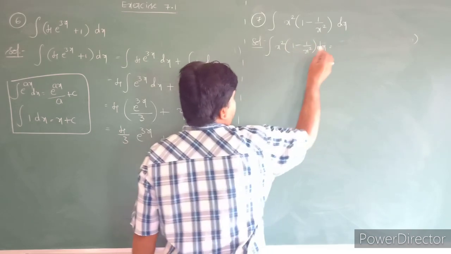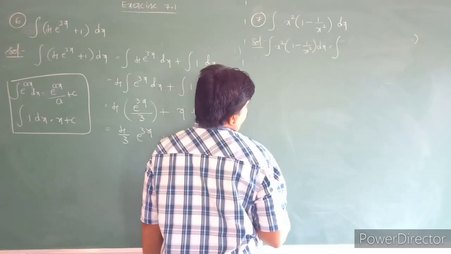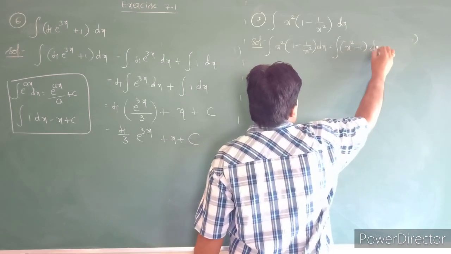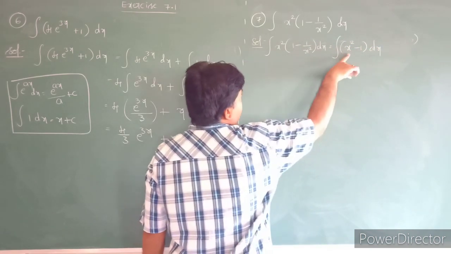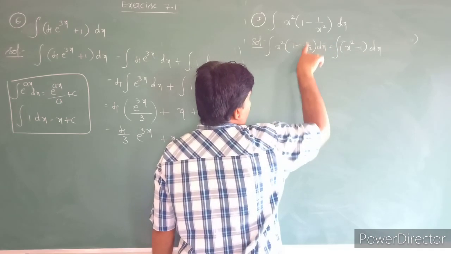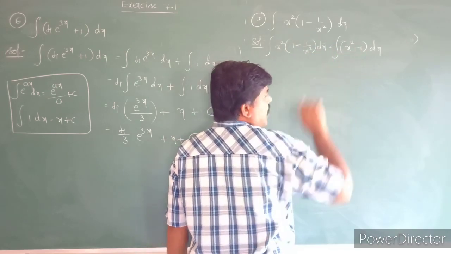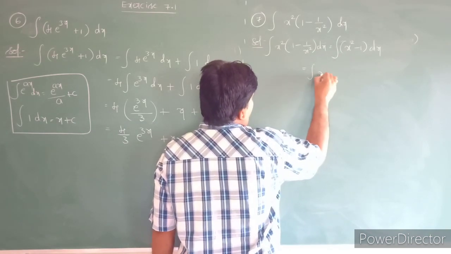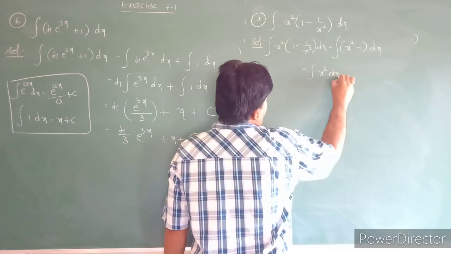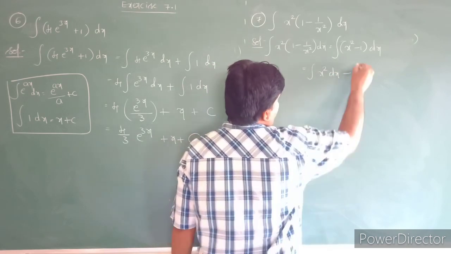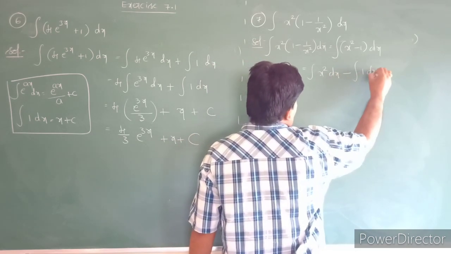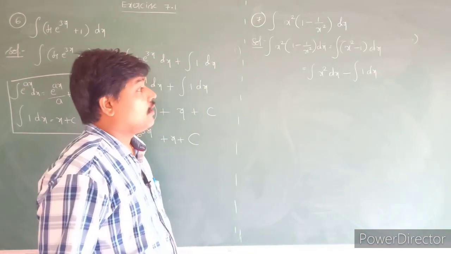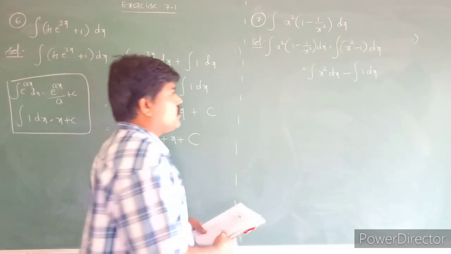Take this x square inside, what happens? Integral of x square minus 1 into dx. x square into 1 is x square, and x square into minus 1 by x square cancels, it becomes minus 1. You can separate the terms: integral of x square into dx minus integral of 1 into dx. Integral of f of x minus g of x is integral of f of x minus integral of g of x.